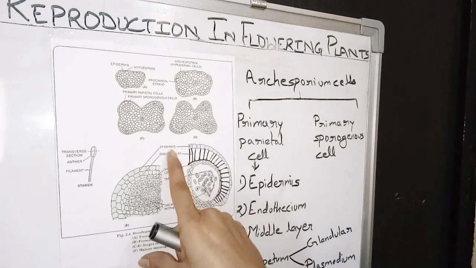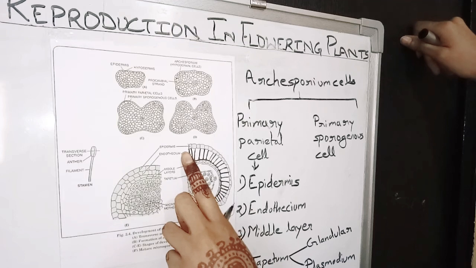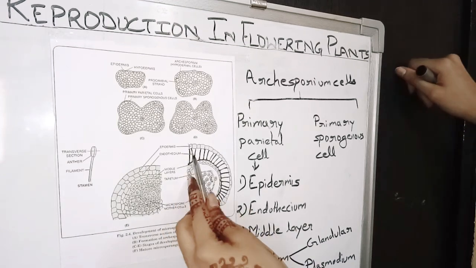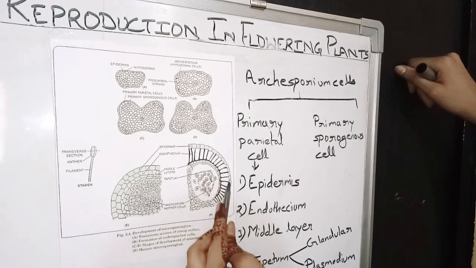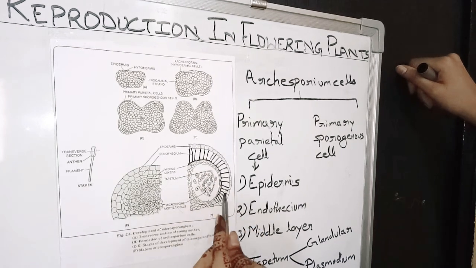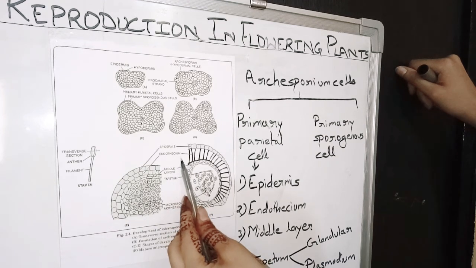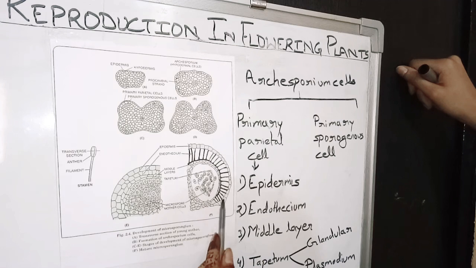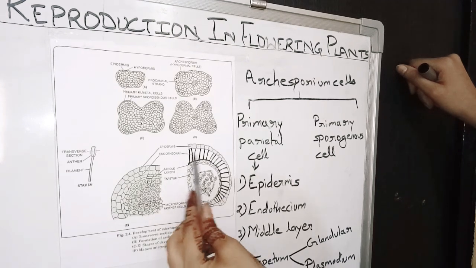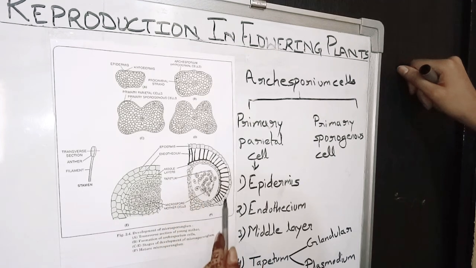You can see that the epidermis is the outer layer. This is the epidermis. It is a thick and protective layer. After that, there is the endothecium. Endothecium is not a continuous layer, meaning it is not covering the whole microsporangium.